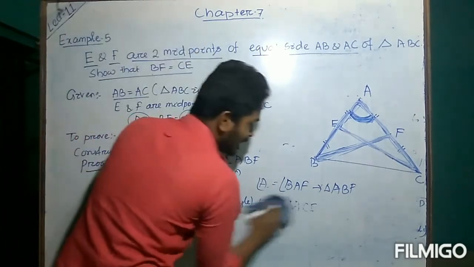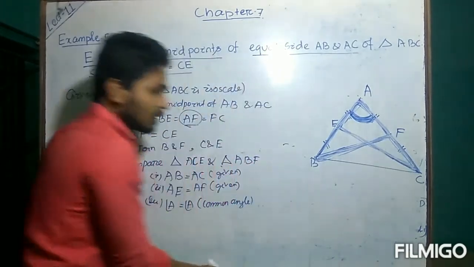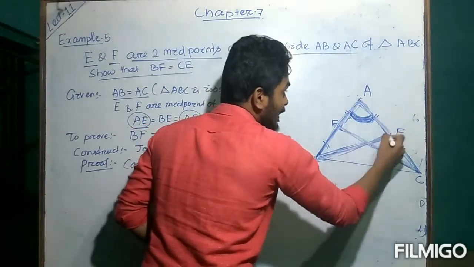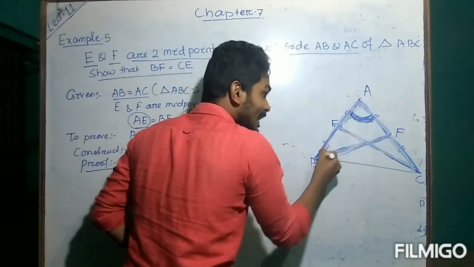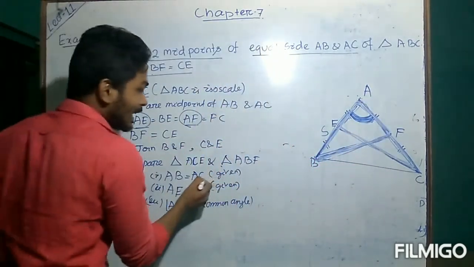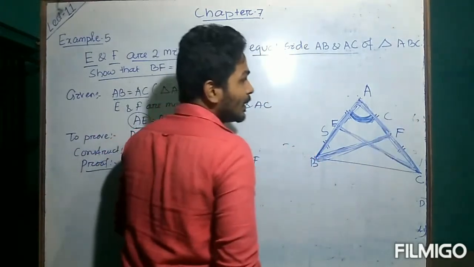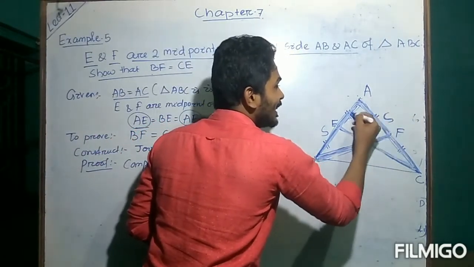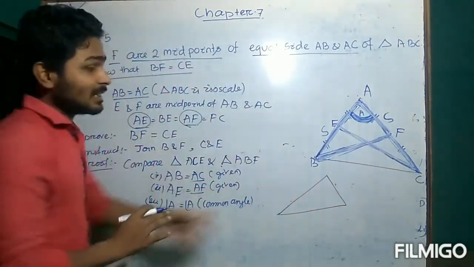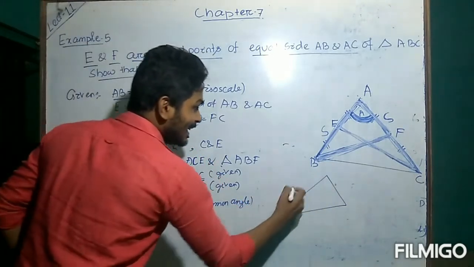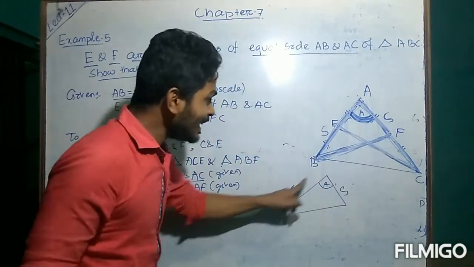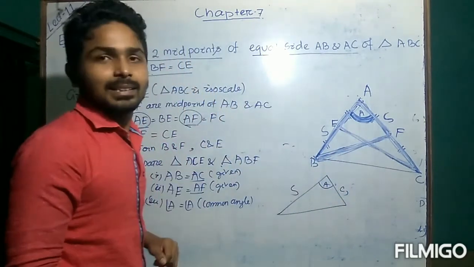Okay, so here we have found three conditions. Let us identify which congruency it follows. What have we taken? In the triangle ABF, we have taken this side AB, this side AF, and this angle. The angle A is the included angle here.